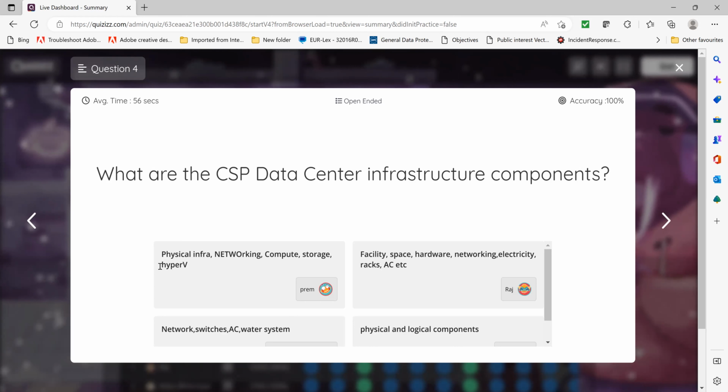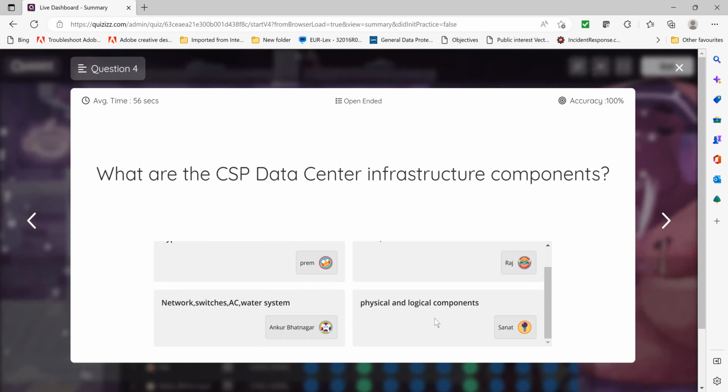Don't mention Hyper-V, Prem, because Hyper-V is a product, it's not a technology. Hyper-V is Microsoft virtualization. It is virtualization, because maybe it is VMware or anything else. Physical and logical components, no. Network switches, AC, water system.